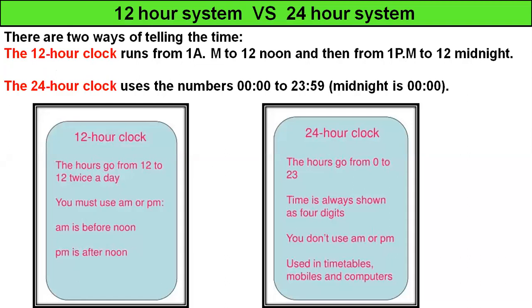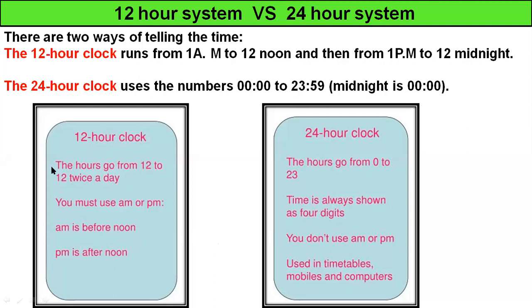So we have two parts, a.m. and p.m. But the 24-hour clock uses the numbers from 0 until 23:59, because when you add one more minute, we don't say 24 midnight. It goes back to 0 at midnight.